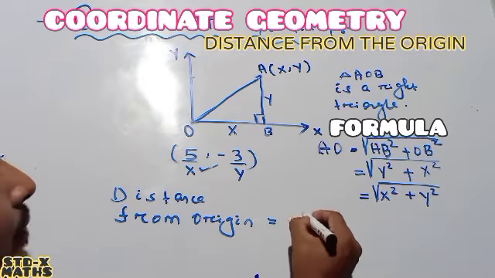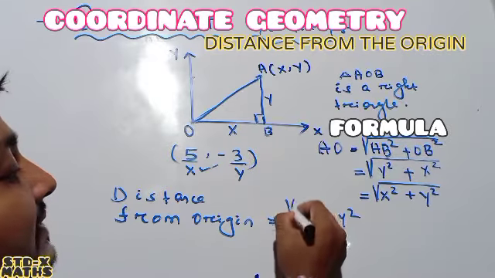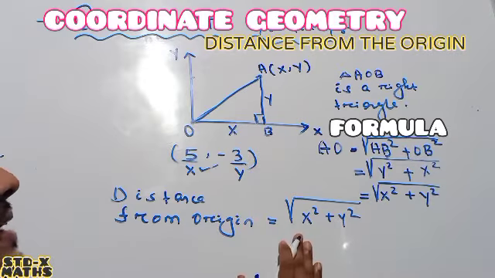So formula everyone knows, x square plus y square, its root over. The distance formula is equal to x square plus y square and its root over.